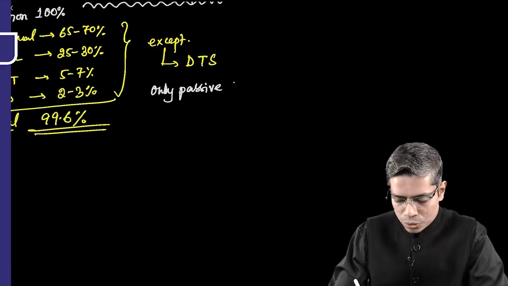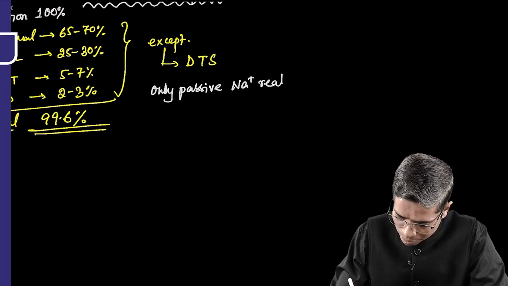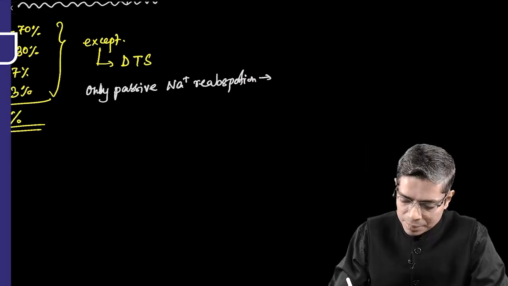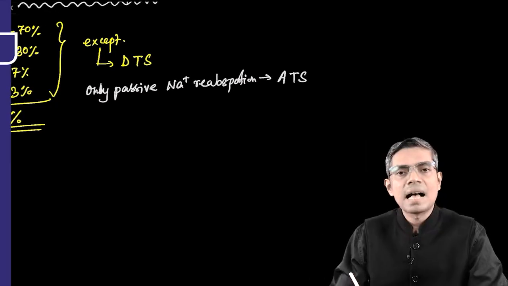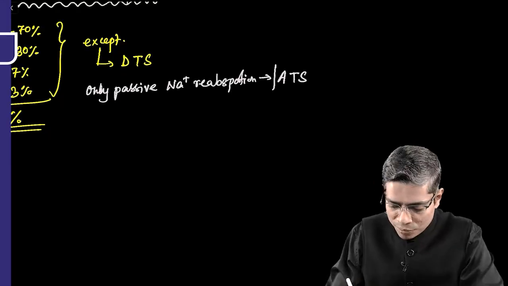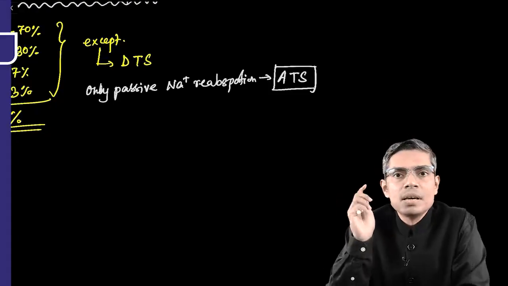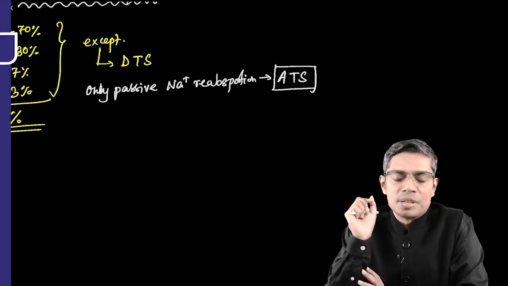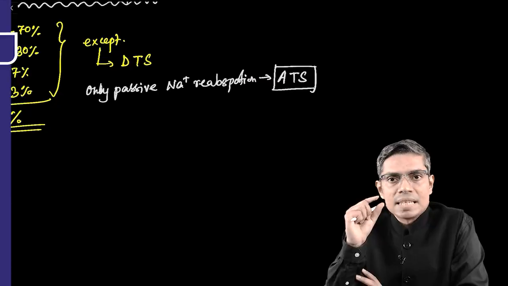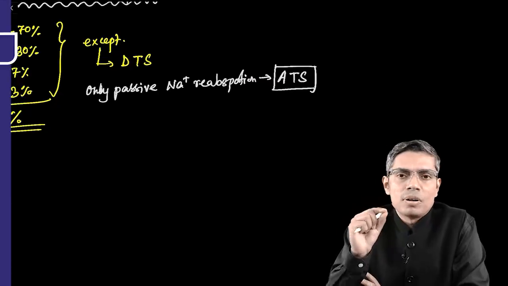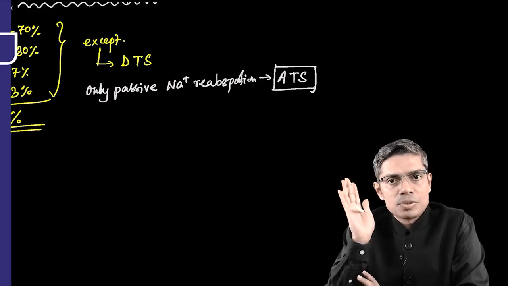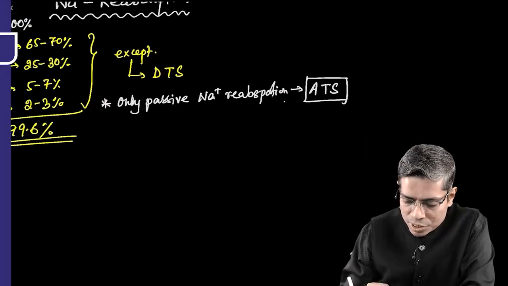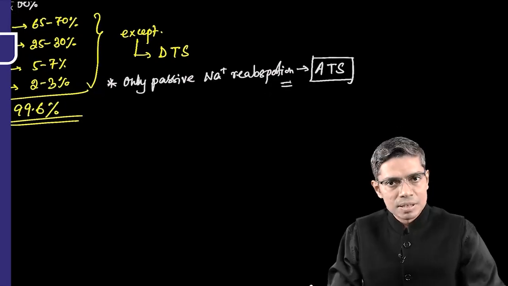Only passive sodium reabsorption is there at the level of ATS, ascending thin segment of the loop of Henle, which is mainly seen in the juxtamedullary type of nephron, right? In the cortical nephron, this ascending thin segment is very small, or it can be absent, as written in many books. So only passive reabsorption of sodium is possible in which segment of the nephron? Ascending thin segment of the nephron.